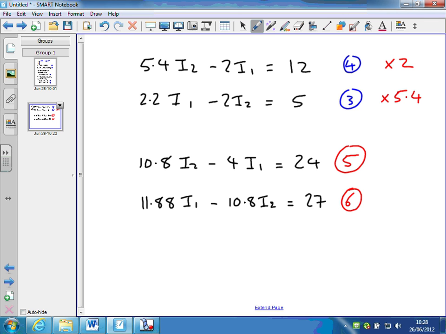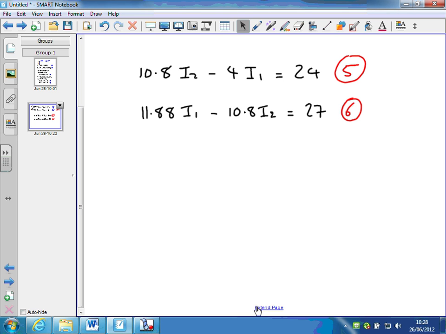See if you can carry on from there and calculate I1 and then substitute I1 back into one of the original equations to find I2. I will carry on though from here. So adding, because one's positive and one's negative, I add equation 5 to equation 6 and I get 11.88 plus minus 4, so that's 7.88 I1.